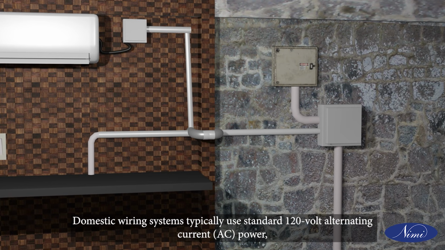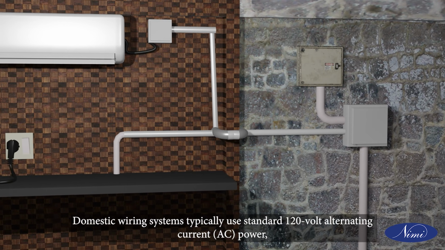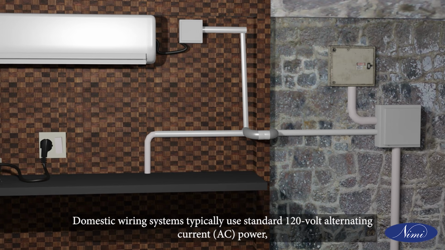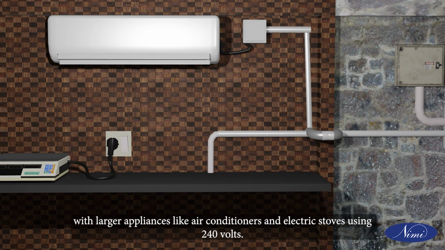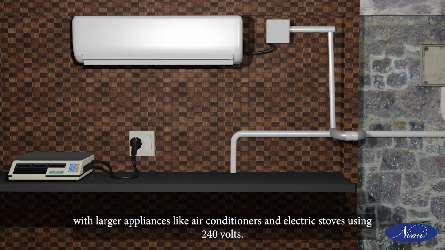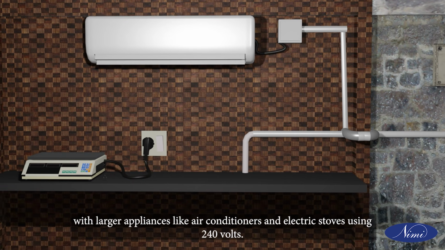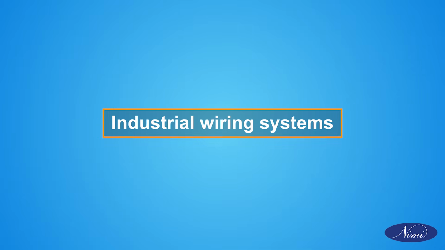Domestic wiring systems typically use standard 120 volt alternating current AC power, with larger appliances like air conditioners and electric stoves using 240 volts.